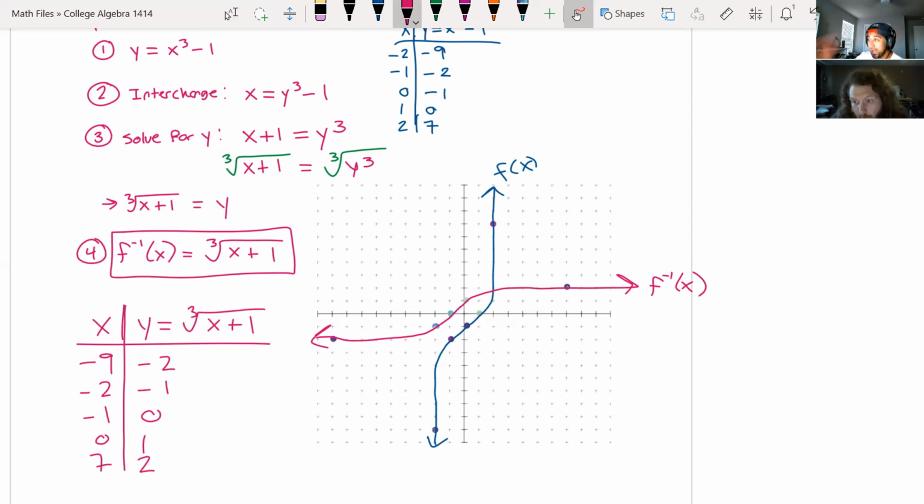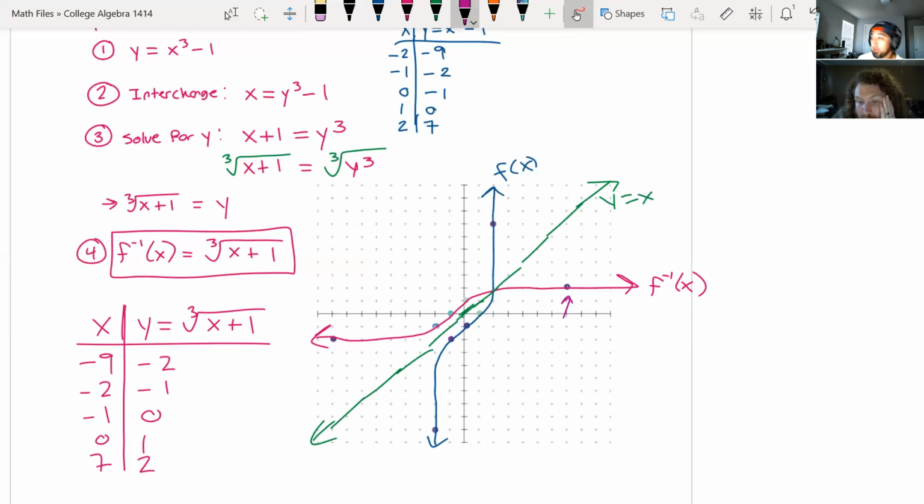Okay. And now, if these are true inverses of each other, then they are going to be symmetric about the line y equals x. Do these graphs look symmetric across this line? Yes.